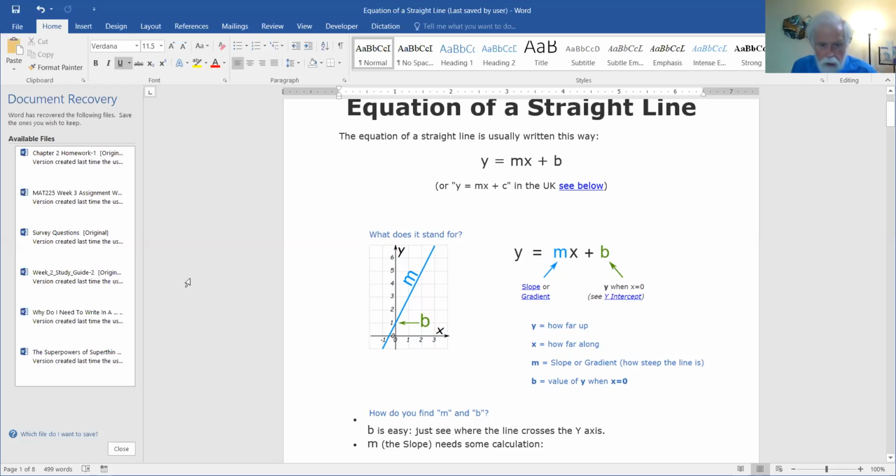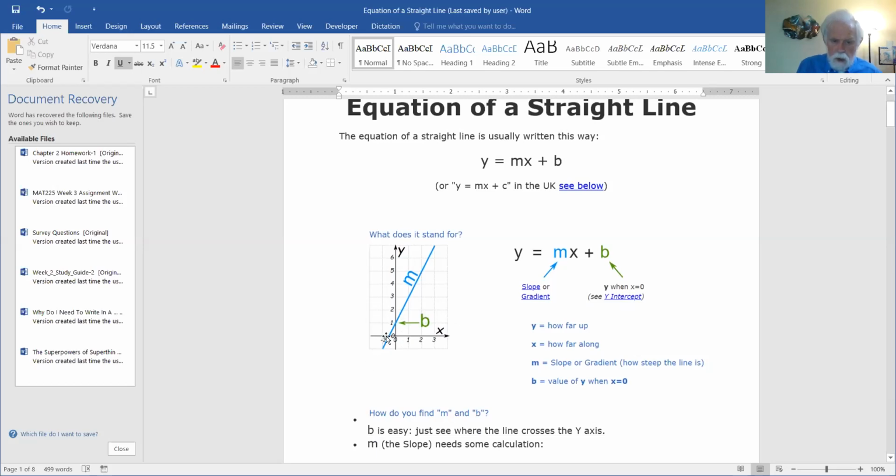Okay. So what is M? M is the slope of the line. Slope means how far up or down the line goes as you move from the left side of your line to the right.